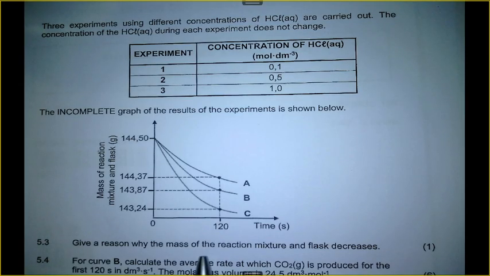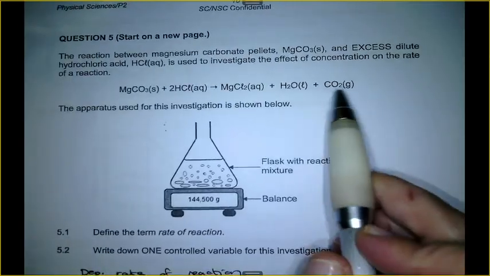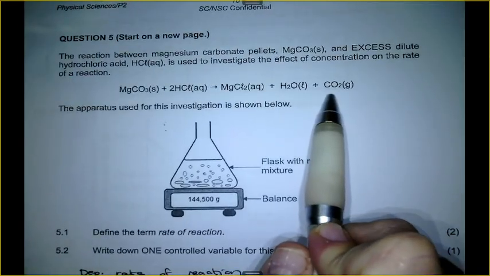Why does the mass of the reaction mixture and the flask decrease? If you guys ever tell me that the glass suddenly weighs less, I will hurt you. It is an open container and a gas is formed. Okay.